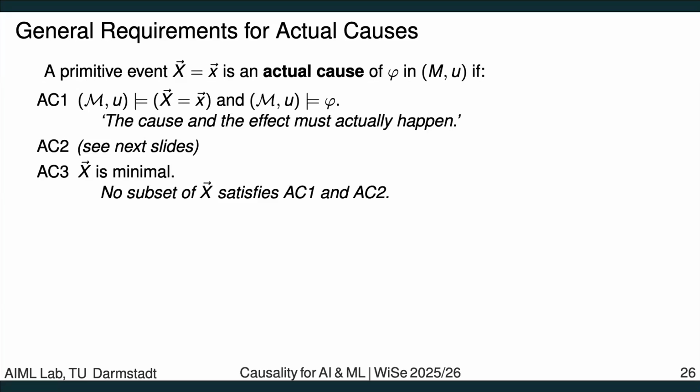So there are other definitions for actual causes that try to differentiate these cases where we might think about others being an actual cause, but there are still arguments for every possibility.